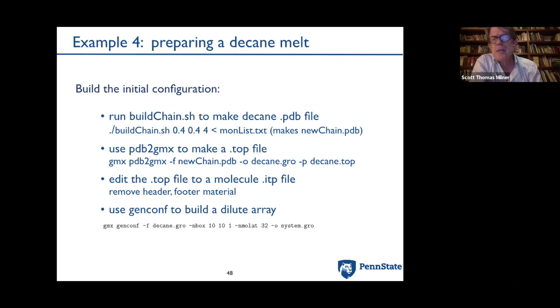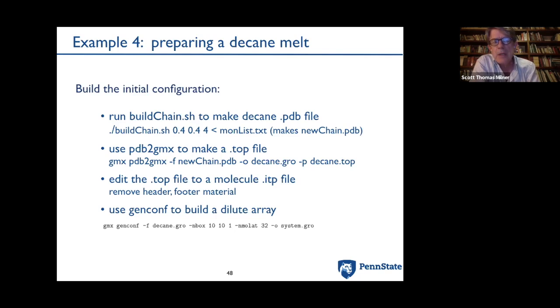It takes its input from a little file which says which monomers to put in which order: PEB, PEM, PEM, PEM, PET for the terminus. And that will make this chain called newchain.pdb.